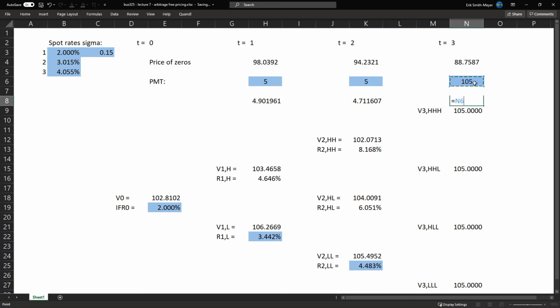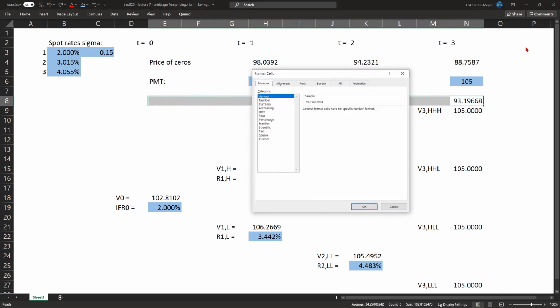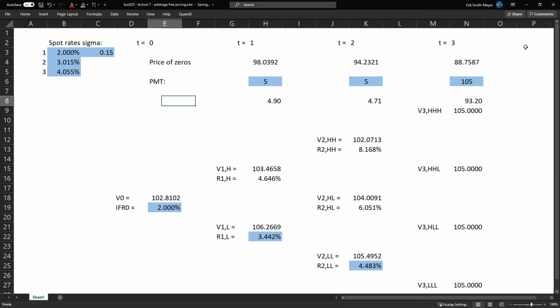Okay? So we get 103 divided by the year 3 spot rate raised to the third power. Let's see. Just quickly get rid of some decimals.